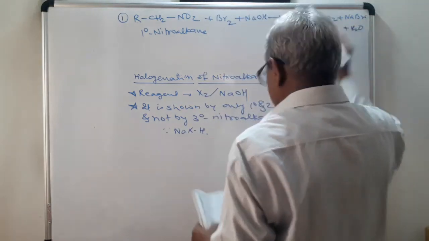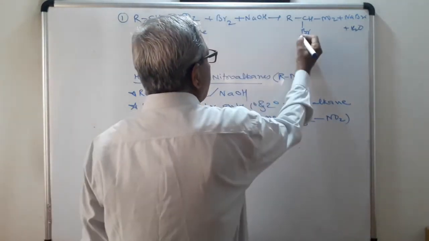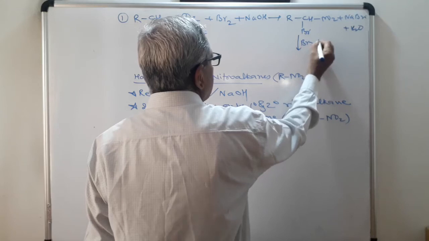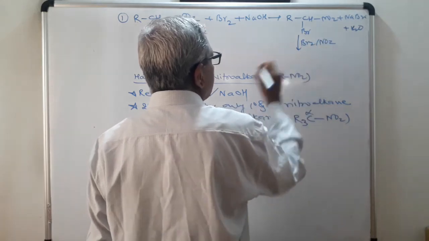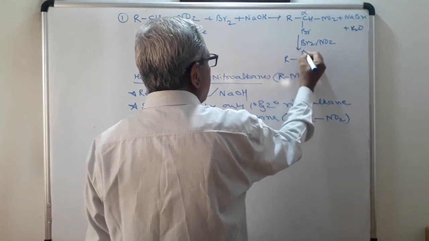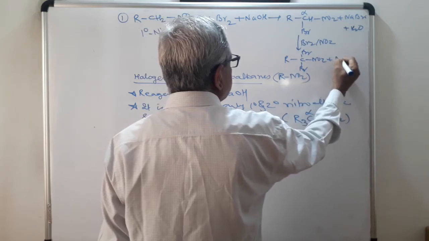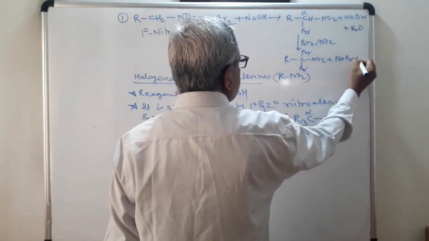Byproduct is H2O. Again this will react with a second molecule of Br2 and NaOH, and you will get the dibromo derivative. This is the monobromo derivative. You will get the dibromo derivative RCBr2NO2. Byproducts are the same, that is NaBr plus H2O.